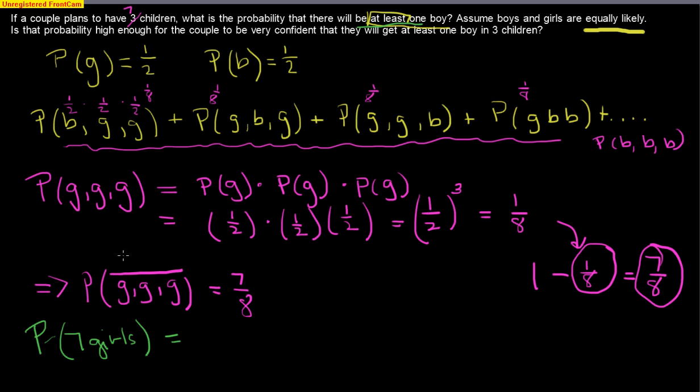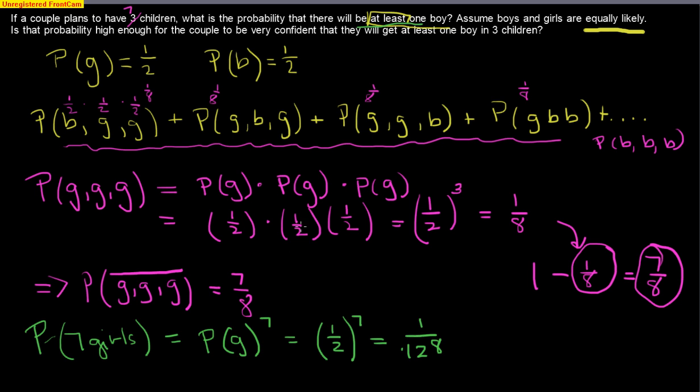That means each baby is a girl. And the probability is going to be the same thing as the probability of one girl 7 times, which is 1/2 to the 7th power. If you do that in your calculator, you will see that it will equal 1 over 128.